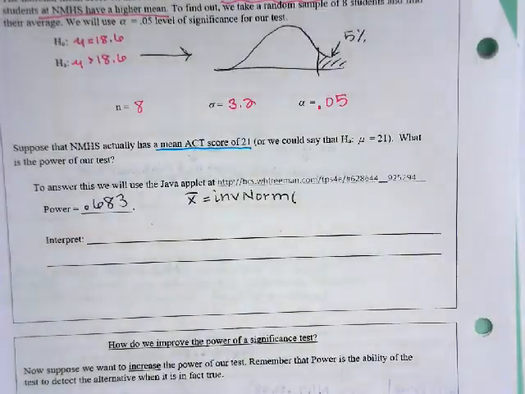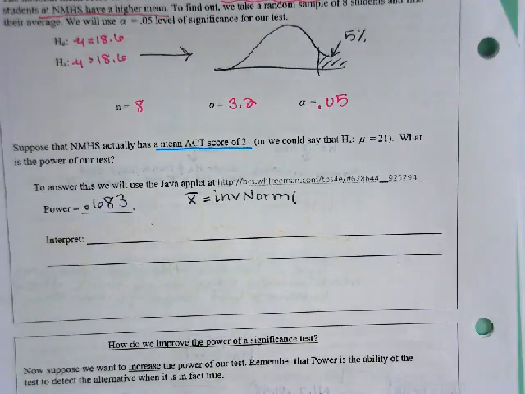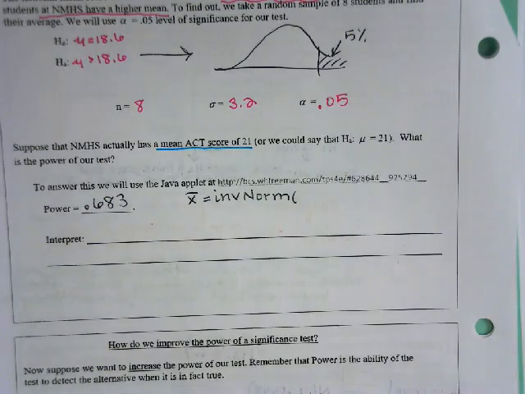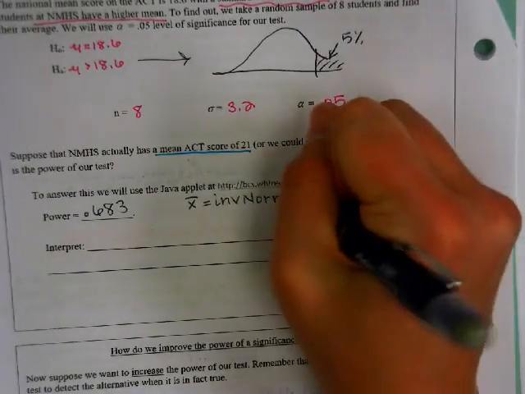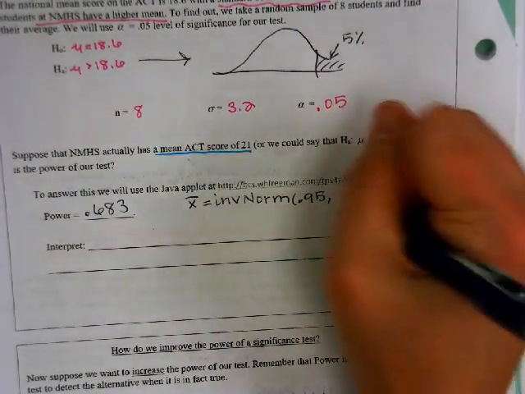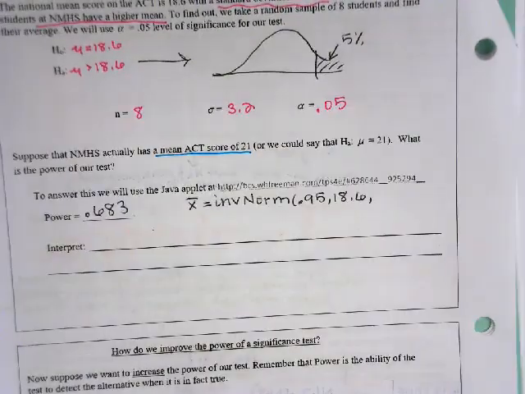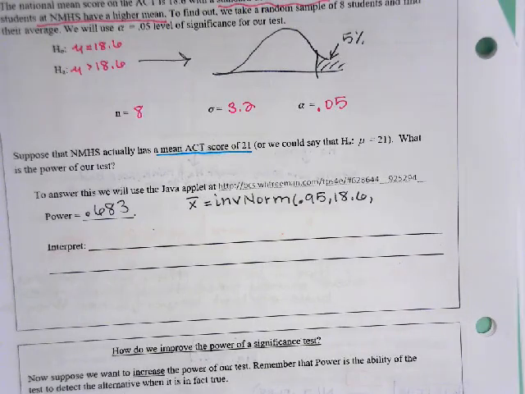And then our mean was 18.6. And standard deviation. How do you find standard deviation of a mean? Sigma divided by the square root of n. So we would take 3.2 divided by the square root of 8.